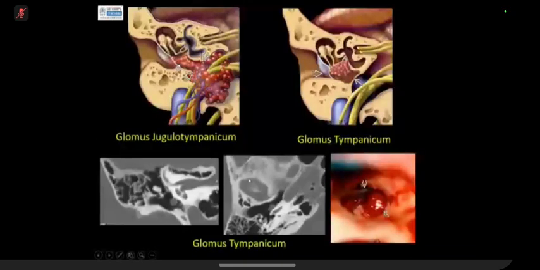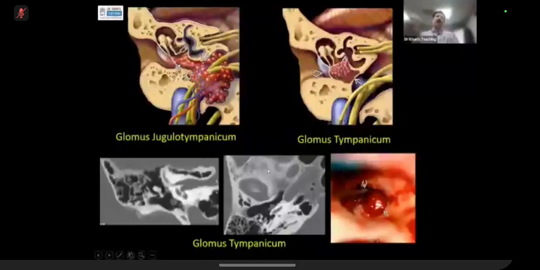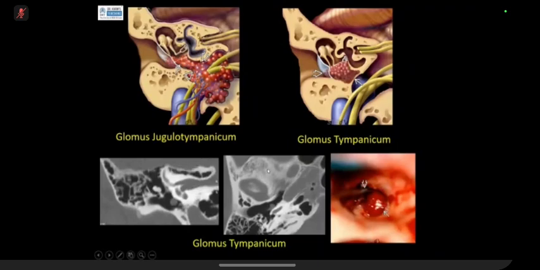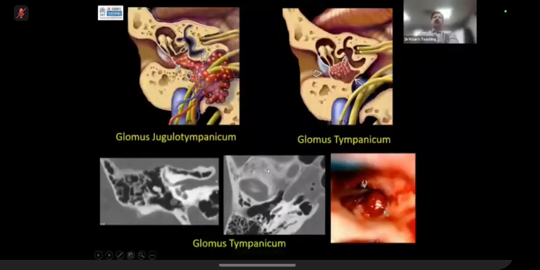Okay, so good. Let me tell you the concept. Now, glomus tumor is a very, very important case in the exam. Please remember, the location changes the name of the tumor.